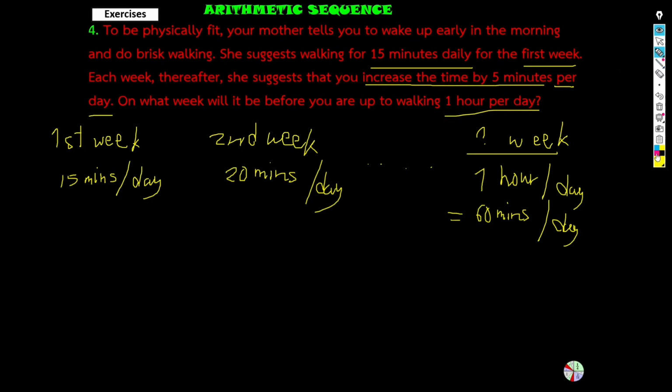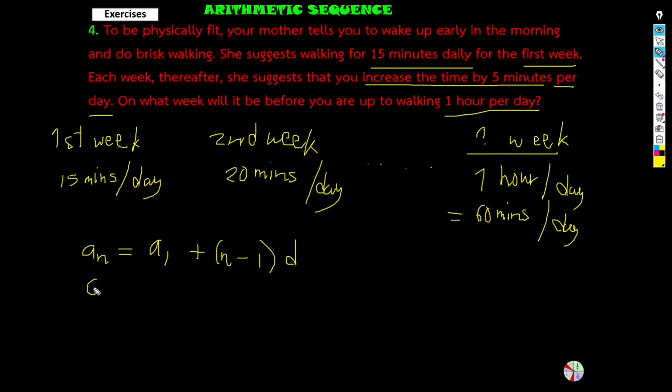Here we're going to still use the formula a sub n equals a sub 1 plus n minus 1 times d. We need to find out n. So a sub n is, of course, the target minutes per day of exercise.